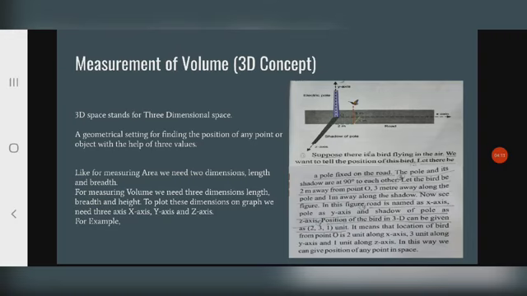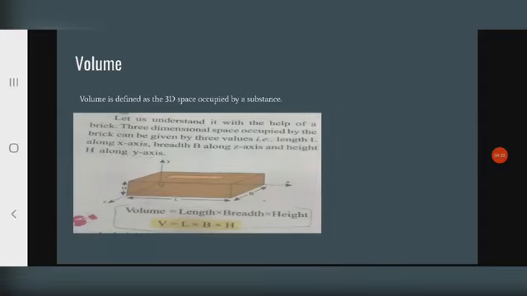By knowing the length, breadth and height, we can decide the volume of an object. So what is a volume? Volume is defined as the 3D space occupied by an object. So how much space an object is occupying in a three-dimensional space, that is called the volume of that object.